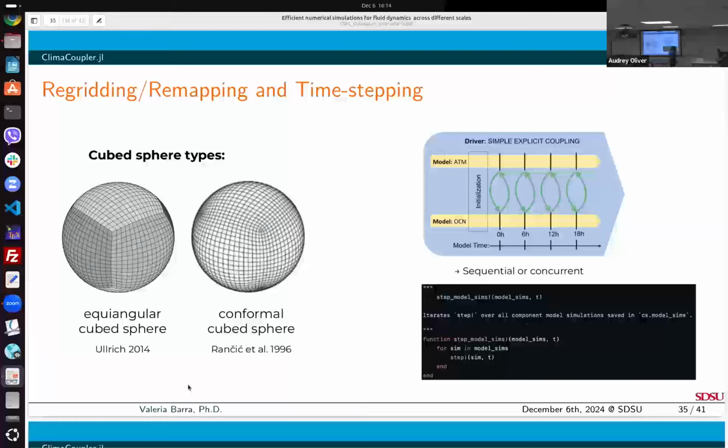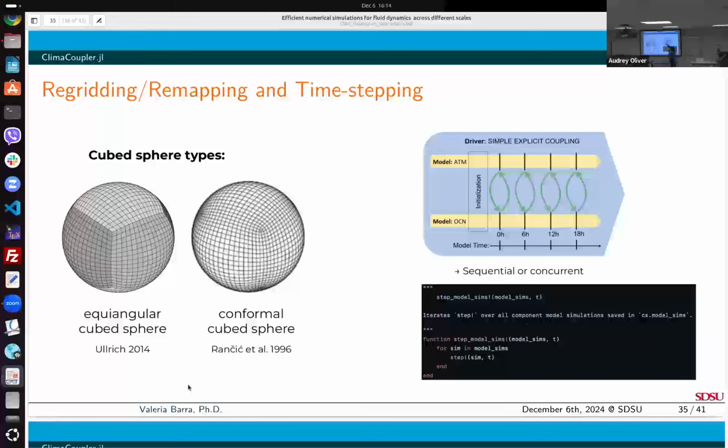So when you couple two models which have different grids, you first have to regrid. That's what we say. Regrid is to find the overlapping points. And also when you couple models in time, you have to be careful because there are different ways of coupling systems. This is a simple explicit coupling where you just run the two models in parallel. Let's say you run the ocean model with some initialization.